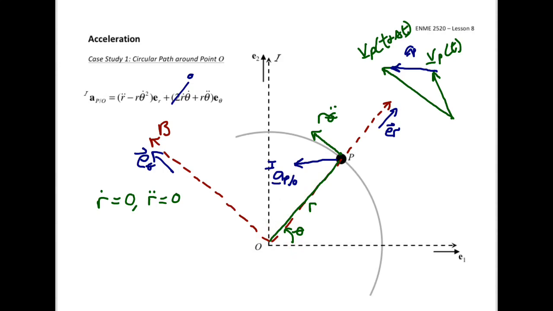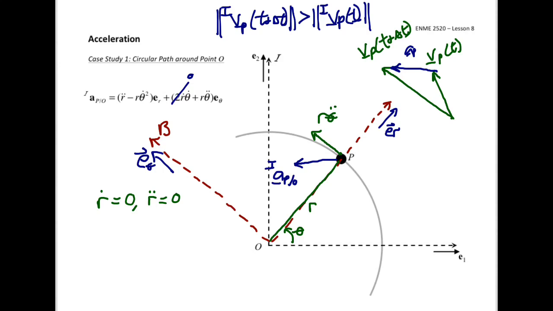And so you can see that here in how we drew our velocity vectors, because at time t, the velocity was a particular length, and then at time t plus delta t, we drew our velocity vector at a longer length. And so you can see that v of our particle at t plus delta t is greater than the magnitude of our velocity at time t, and because of that we're going to have a positive acceleration, or this change in speed is going to be pointing in the direction that the particle is traveling.